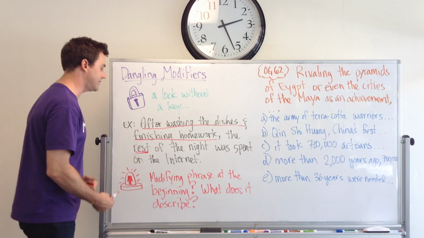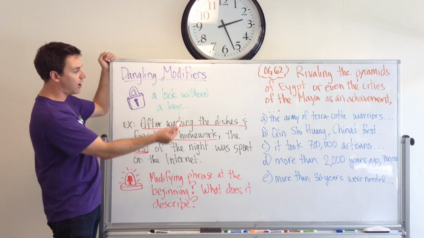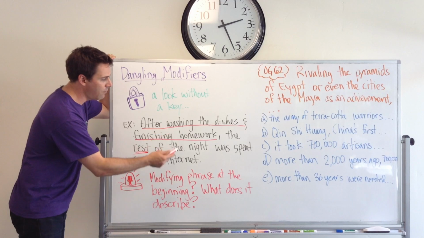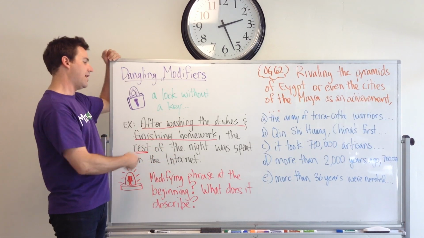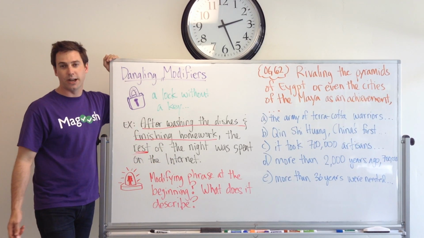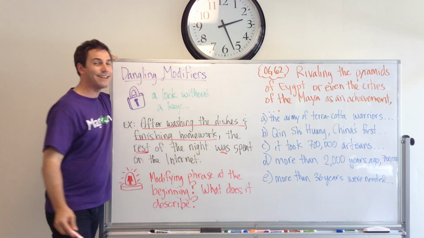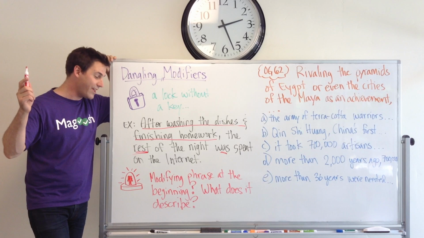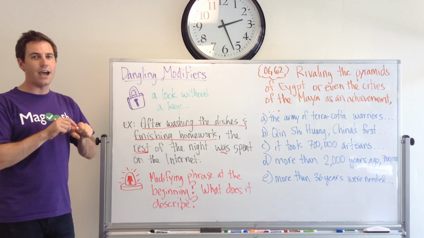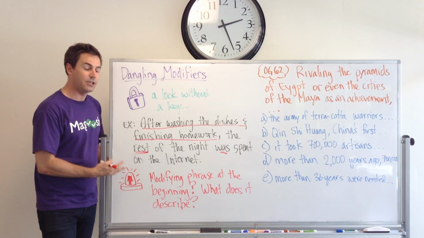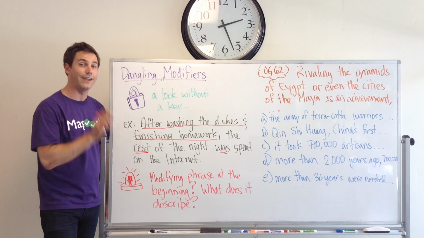So you'd want to change the sentence so it would say, after washing the dishes and finishing homework, Jamie spent the rest of the night on the internet. And the good thing about that too is now it's no longer passive, it's active voice. Bonus.